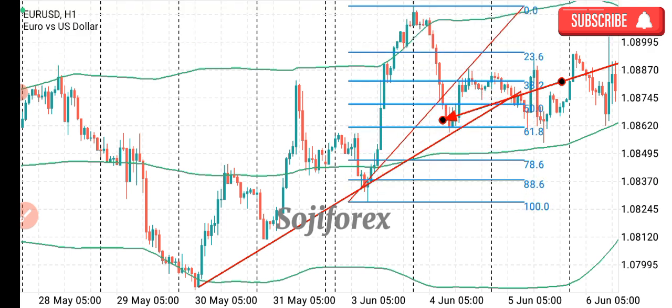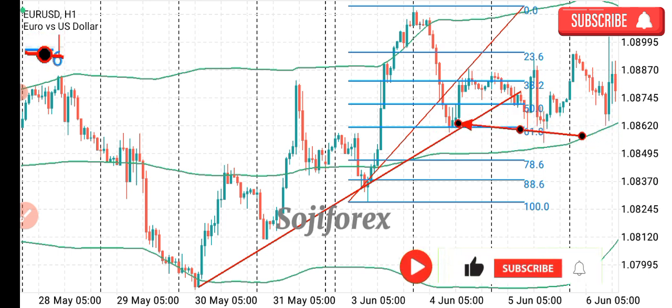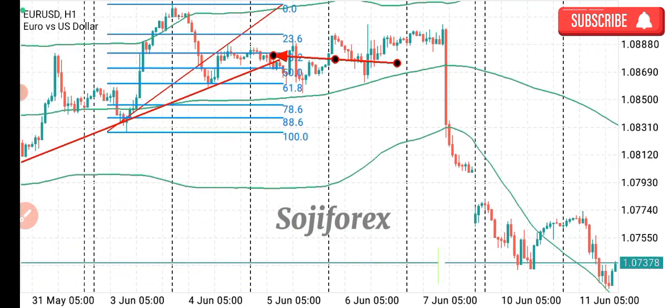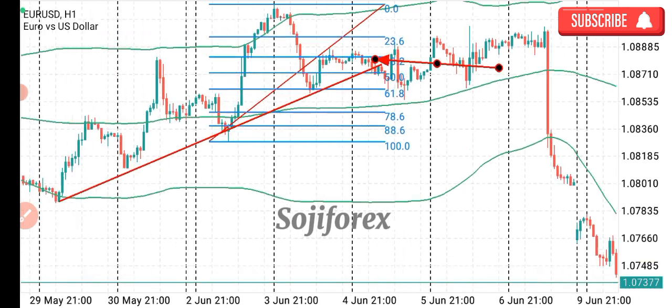Now for this other move, you will see that price came all the way to 61.8 before rejection. So this is a retracement. So there are instances where price doesn't get to that level.